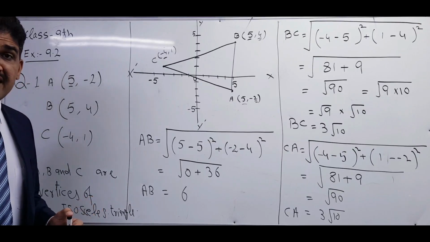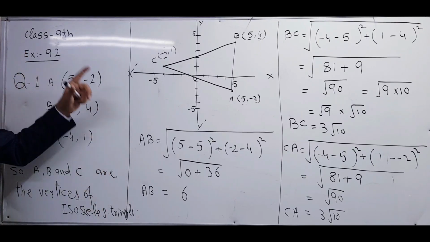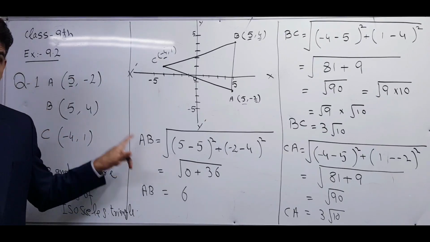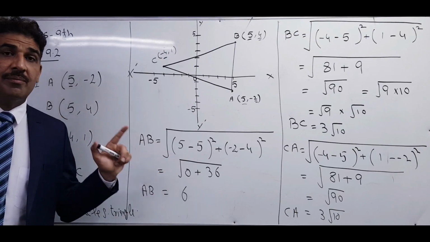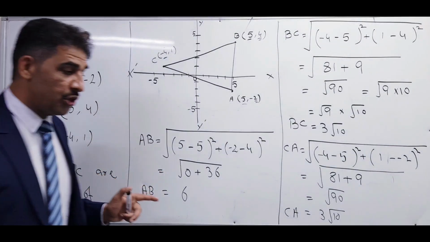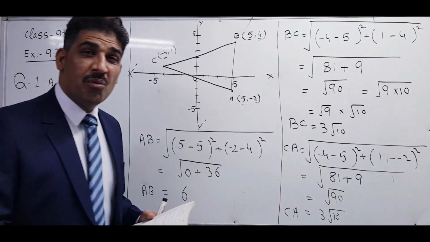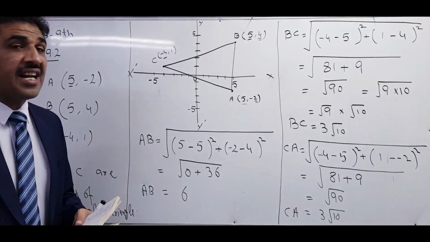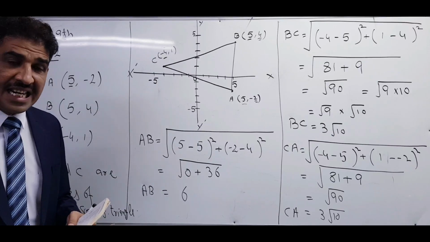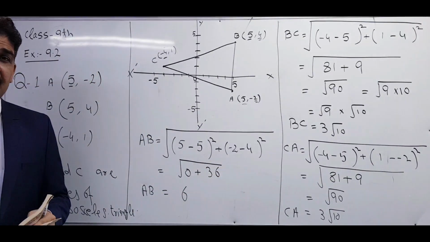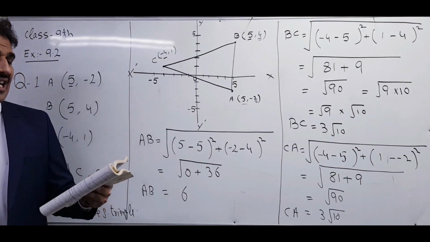Hope all of you understand, because in all questions we have to use this distance formula, but you have to know about the equilateral triangle, the isosceles triangle, and one more triangle whose sides are not equal. What is that? Scalene triangle. Good. And one more triangle, what is that? Right triangle.